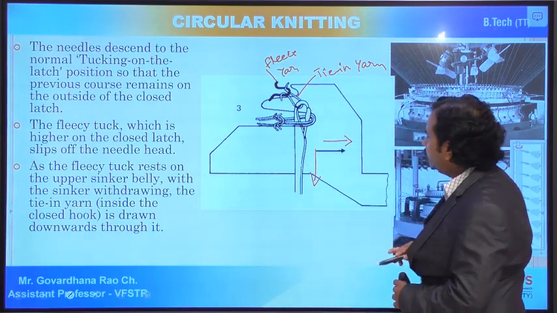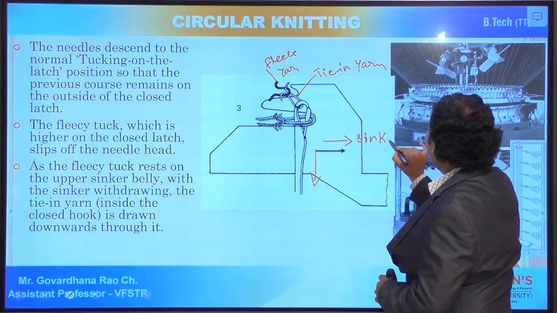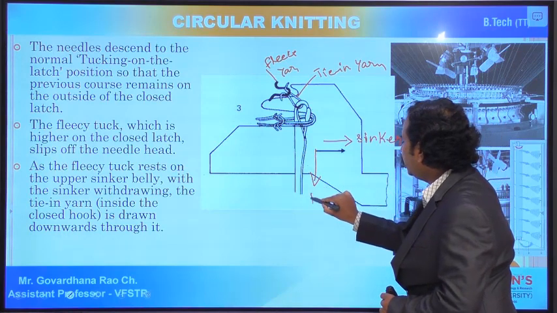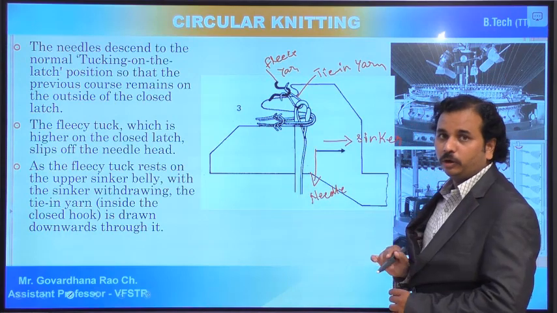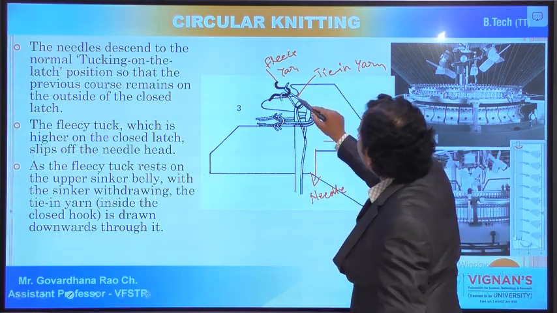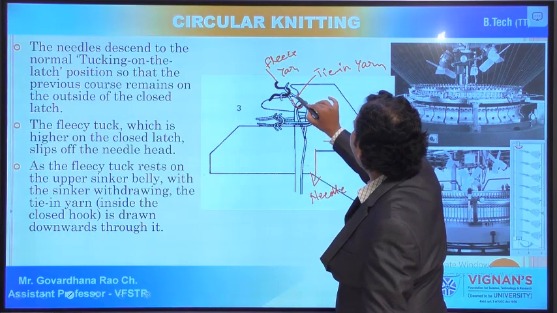This is the sinker moving backward, and the needle is lowering down. So now the tie-in yarn is forming the loop.